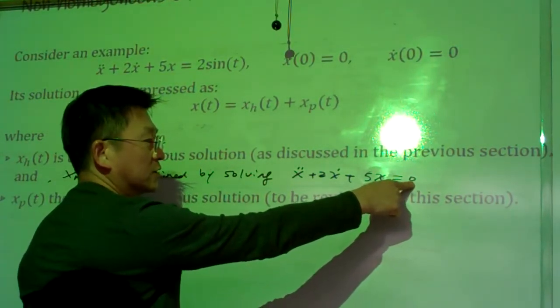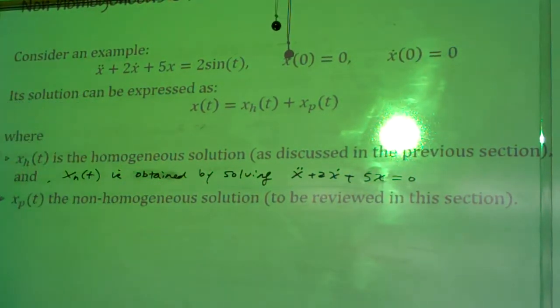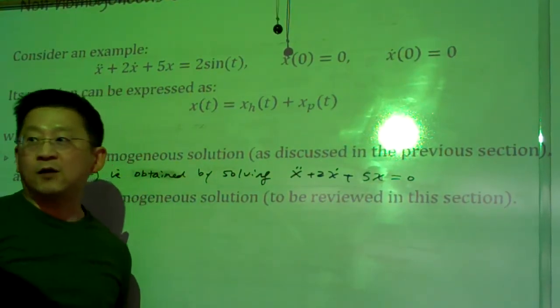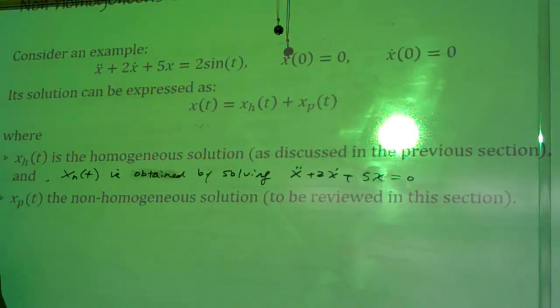Homogeneous portion means this term equals 0. And what are these solutions here? We know that is part of the chapter 2 exercise, right?